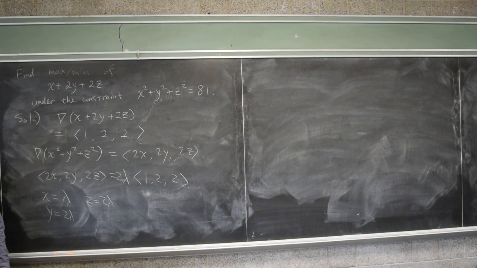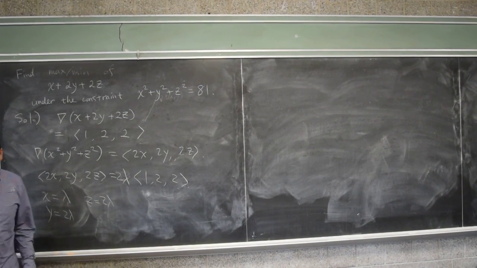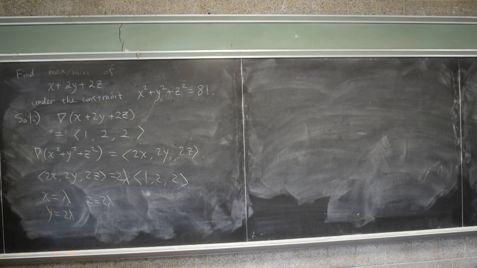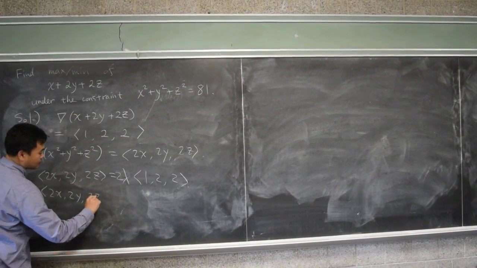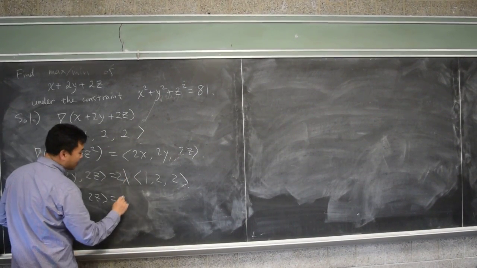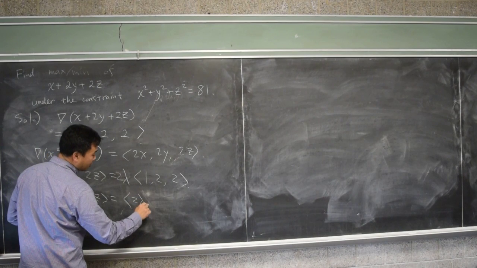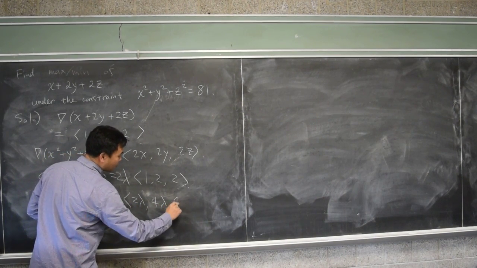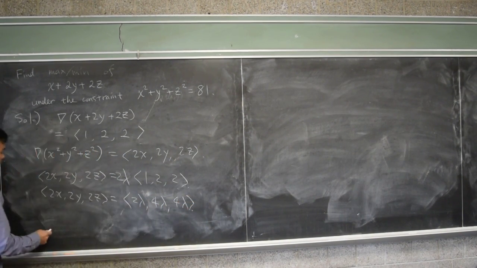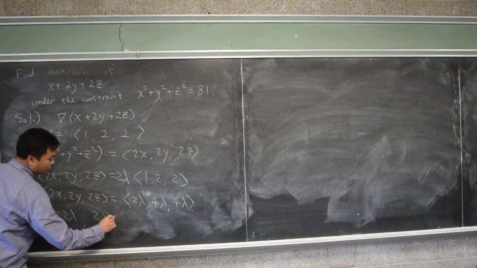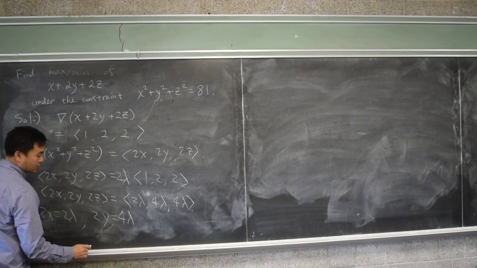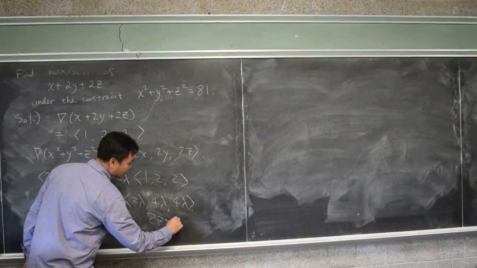Let me just write everything, I shouldn't be skipping steps. This means you multiply everything by 2 lambda, so it's 2 lambda, 4 lambda, 4 lambda. Then you have 2x equal to 2 lambda, 2y equal to 4 lambda, 2z equal to 4 lambda.